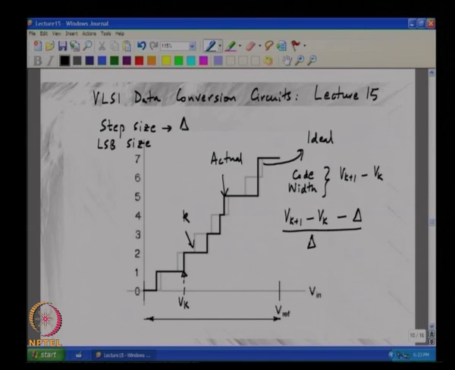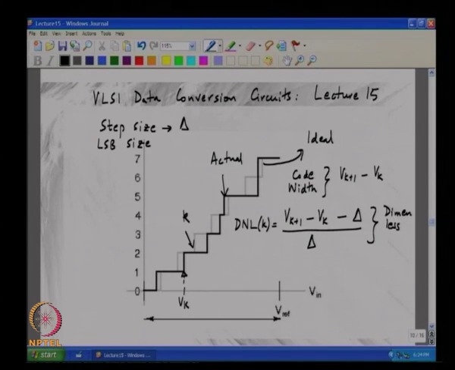So, Vk plus 1 minus Vk minus delta divided by delta is what is called the differential nonlinearity of code K, and this, being a normalized quantity, will be in terms of the LSBs of the converter. Okay. And this, please note, is a dimensionless quantity. Is this clear?